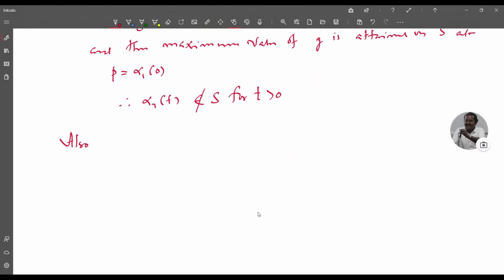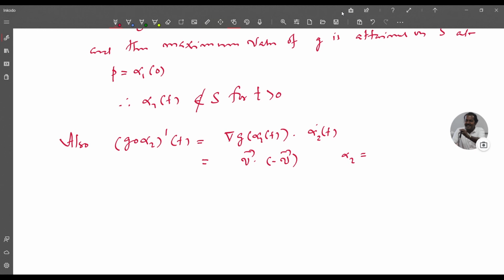Also, g composition alpha 2 prime of t is equal to del g of alpha 2 of t dot alpha 2 dot of t. So this is V, and alpha 2 dot of t is minus V, because alpha 2 is Q minus tV. So alpha 2 dot is minus V. So this is less than 0.